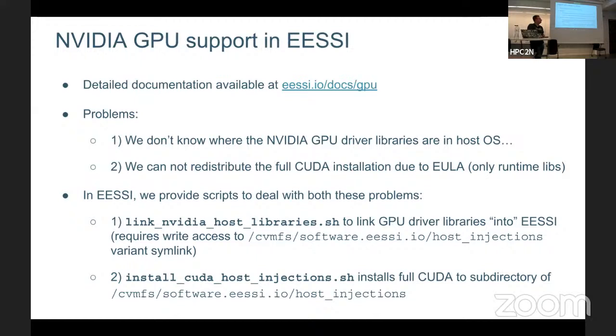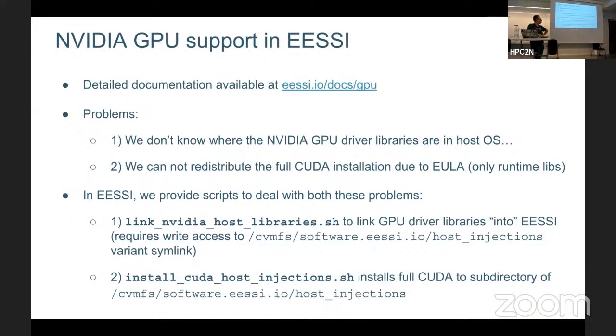We can only do that for the runtime library. So when we install CUDA in Easy, and if you do a module avail in Easy, you'll see CUDA there. But what you're getting there is only the runtime parts, not the compiler. That means if you want to build your own GPU software on top of what's available in Easy already, you'll have to install a full CUDA installation first on the side, and then use that to do the builds and only get the runtime from Easy.